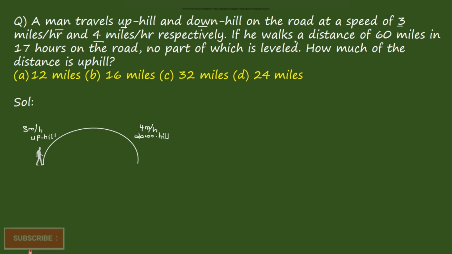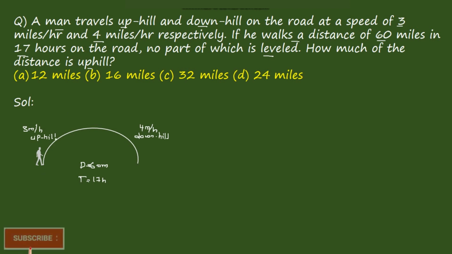If he walks a distance of 60 miles in 17 hours on the road, no part of which is level, it means the total distance traveled is 60 miles, and the time t is given as 17 hours. Again, they are asking how much of the distance is uphill.